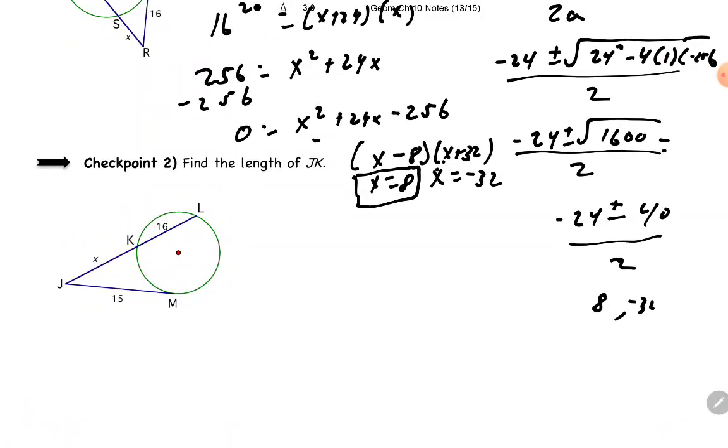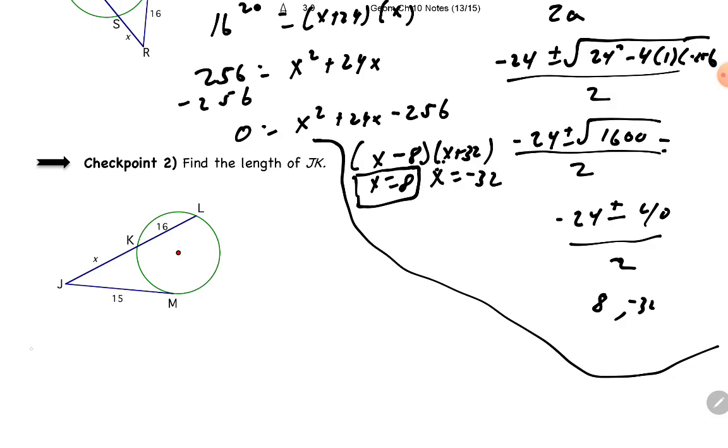All right, that was a tough one. Let's try this again. Okay, find the length of JK. Okay, 15 squared.